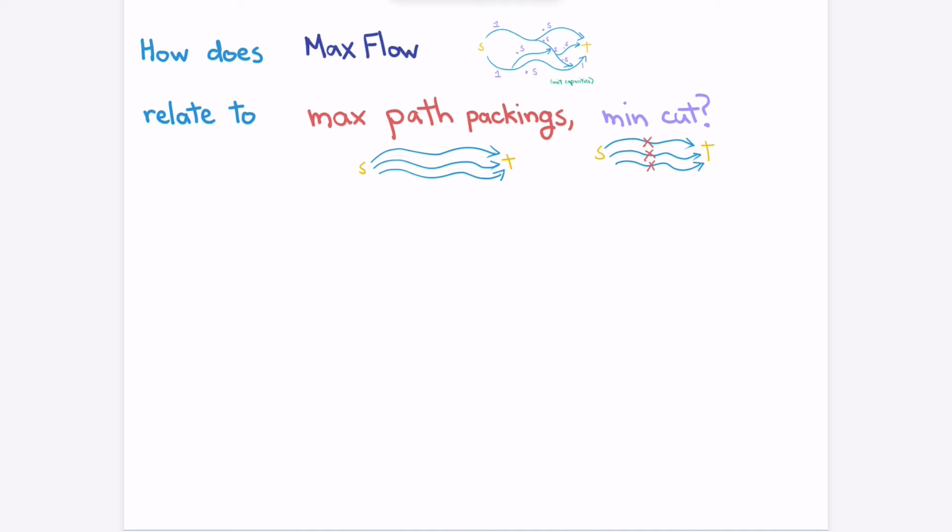Even in the uncapacitated case, where all the capacities are 1, so it's exactly like our discussion from before. Okay, why?